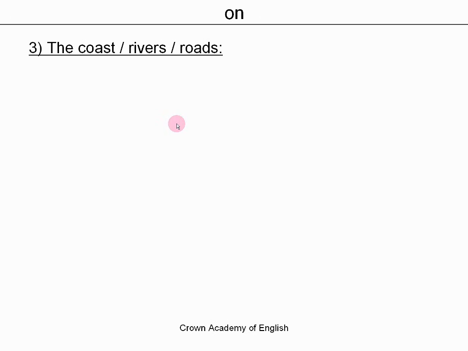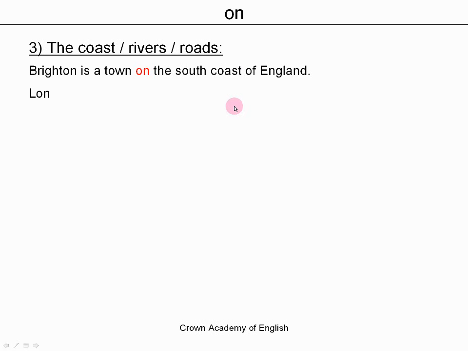We also use the word on when we are talking about something which is close to the coast, or a river, or a road. So for example, Brighton is a town on the south coast of England. London is on the River Thames.